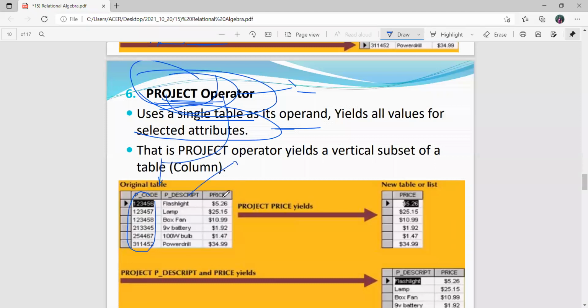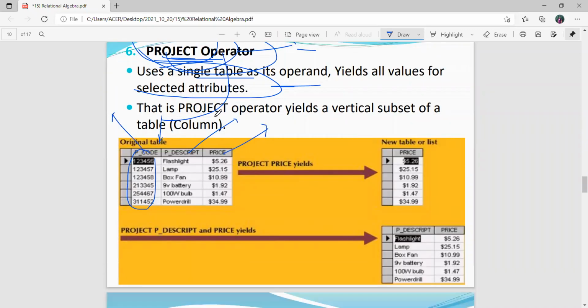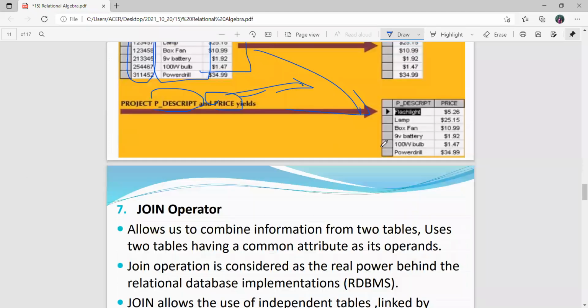So the data description or the price or the project code you can take by using this project operator. Project the description and the price key. At that time, this will output this column and this column only. Okay, I think it was clear.